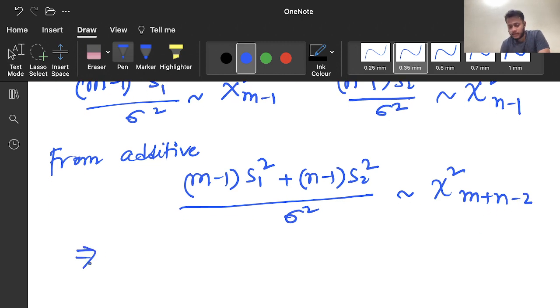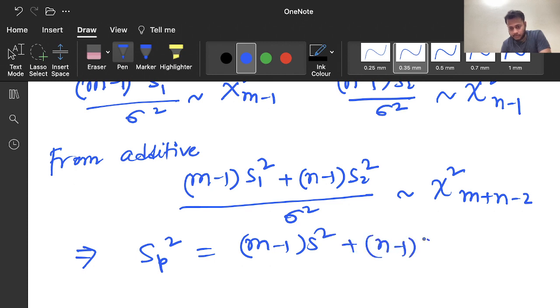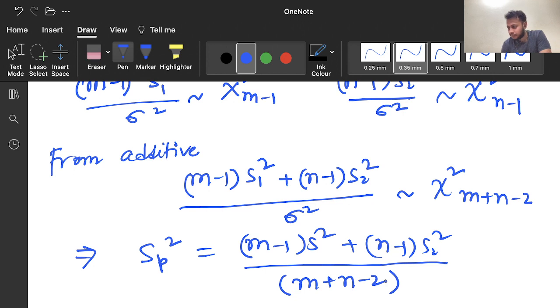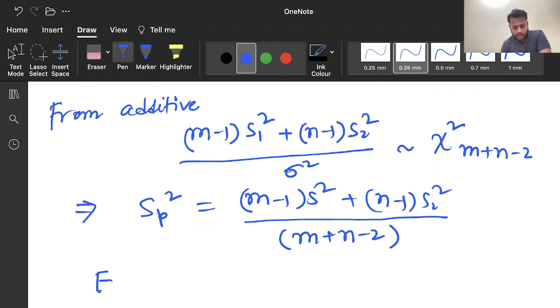Suppose sp square equals m minus 1 s1 square plus n minus 1 s2 square by m plus n minus 2, and you will see that the expectation of sp square is sigma square, because the expectation of s1 square is sigma square and the expectation of s2 square is also sigma square.